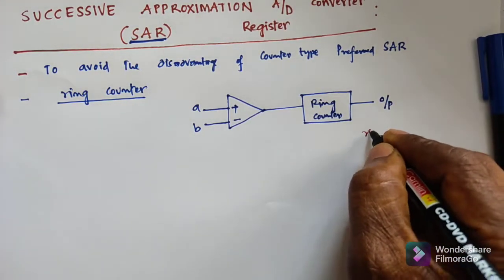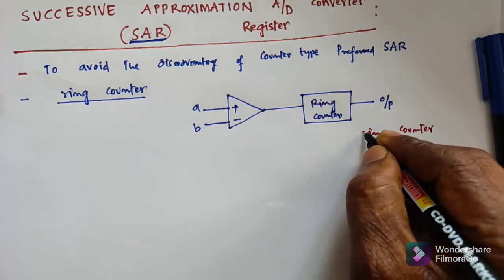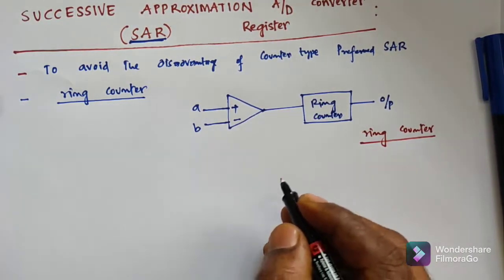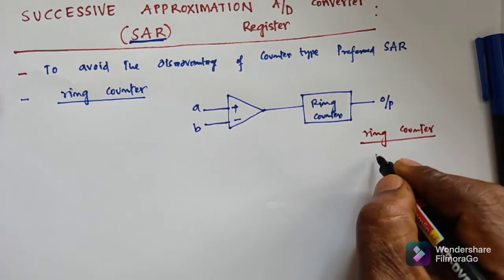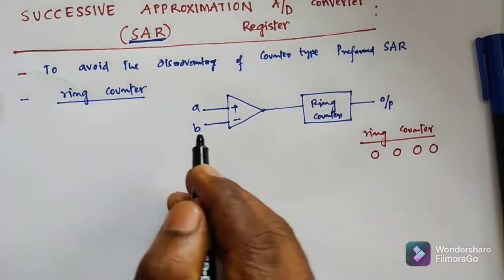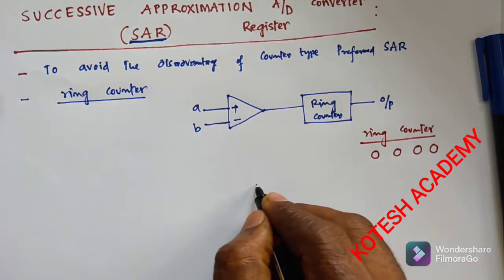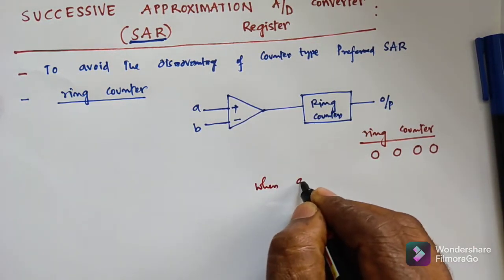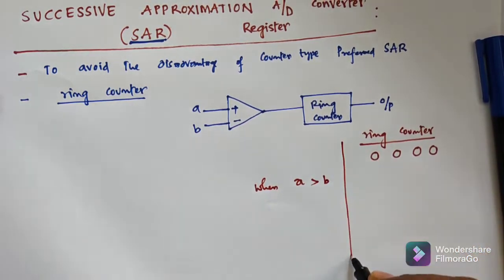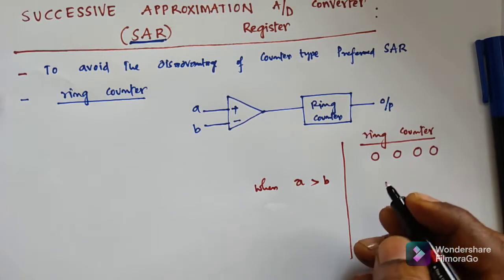Generally, the ring counter operation can be represented with A and B. In the first case, initially, take all bits as zeros. In this concept, consider when A is greater than B. How can you tell that A is greater than B?